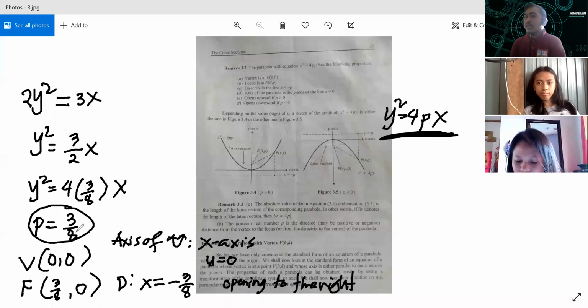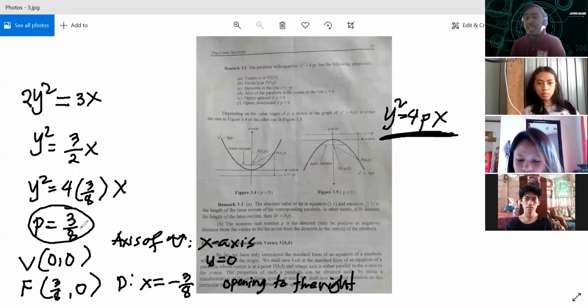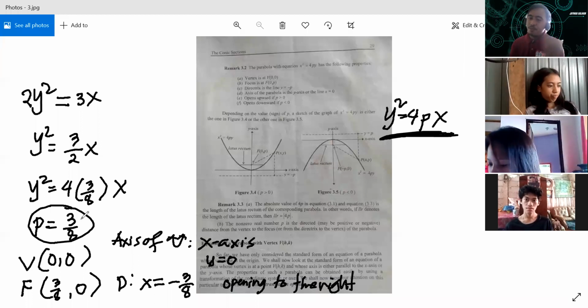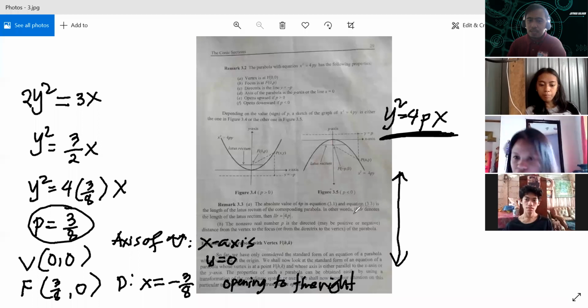If p is positive, or greater than 0, the parabola opens to the right. But if negative, it opens to the left. Clear? So if we sketch now the graph of that equation, it must be something like this.